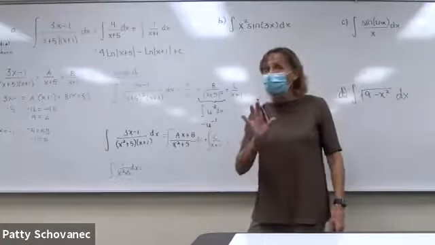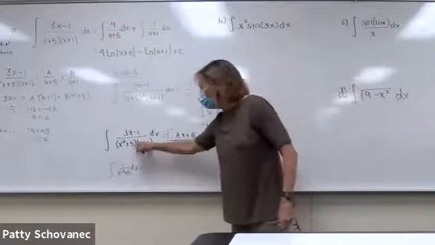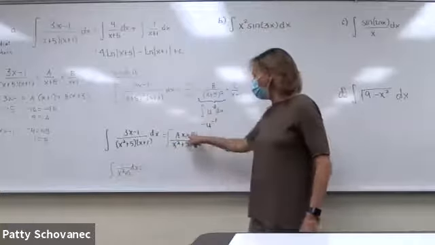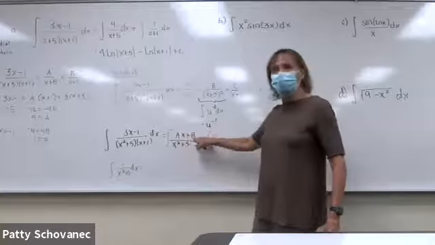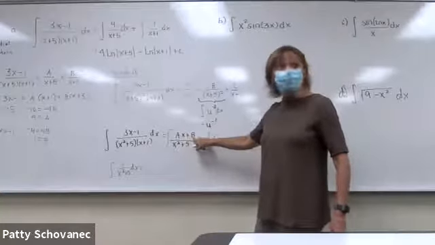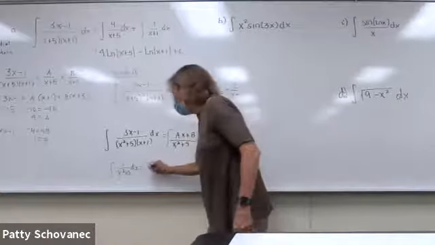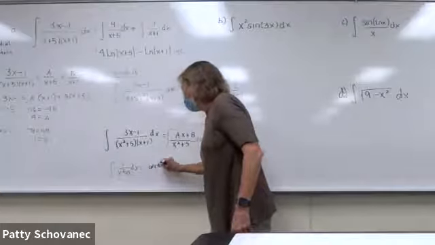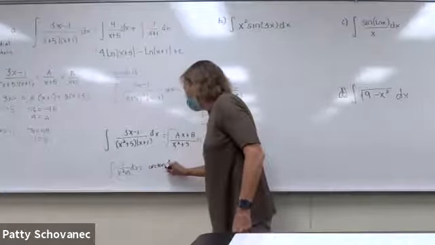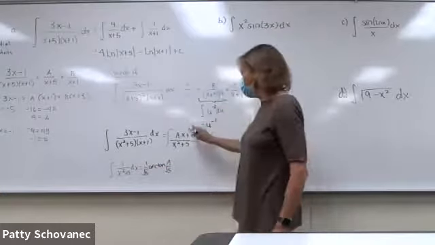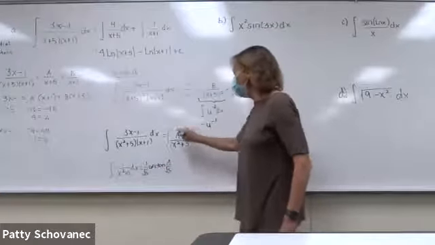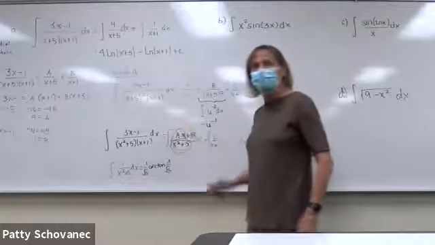Won't be a natural log. You get a natural log when you have the x to the first power. That'll be a 1 over u du, but not this one. That's an arctangent. In this case, it'll be the arctangent of x divided by the square root of 5 with a 1 over square root of 5 here. So this one is going to be the arctangent. The other one's going to be a logarithm.